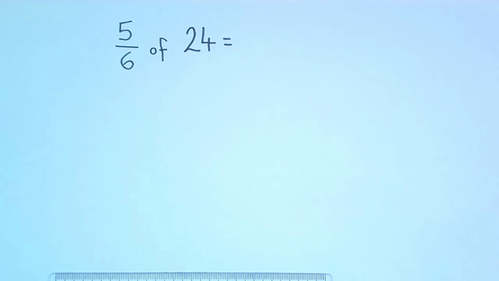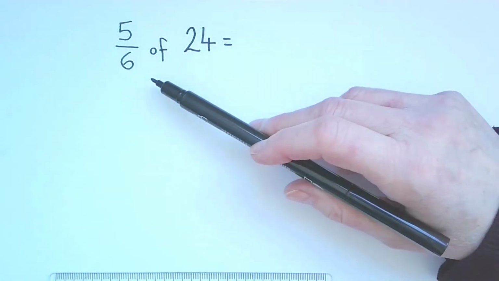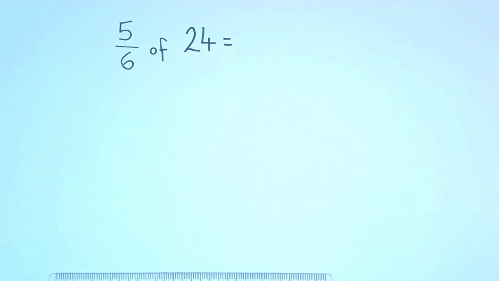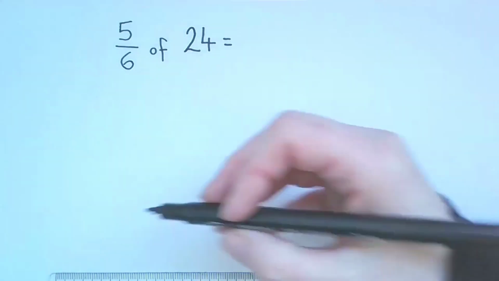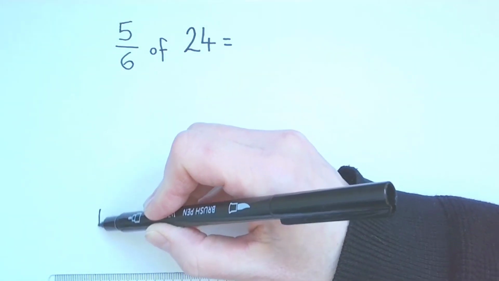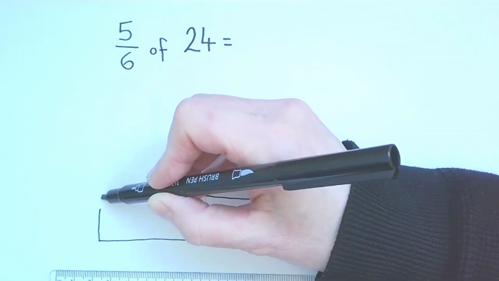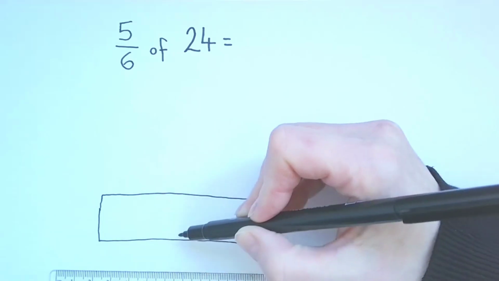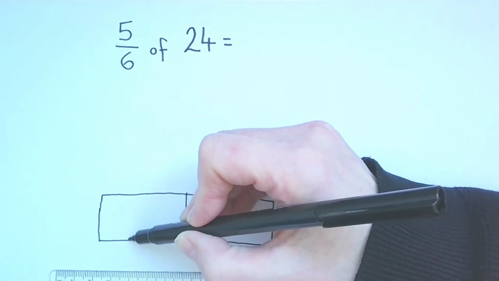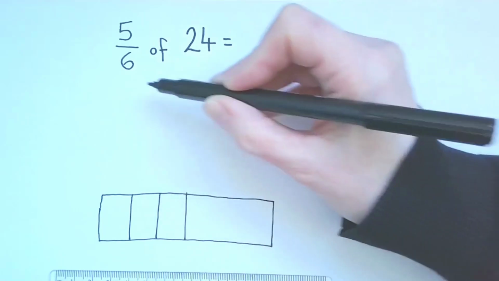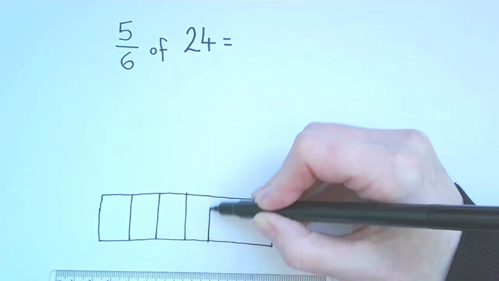So once we've practiced using fraction strips and counters, what we can do next is instead use a bar model. So here I want to find 5/6 of 24. So I'm going to draw roughly my fraction strip, and I'm going to split it into 6 pieces because that's my denominator.